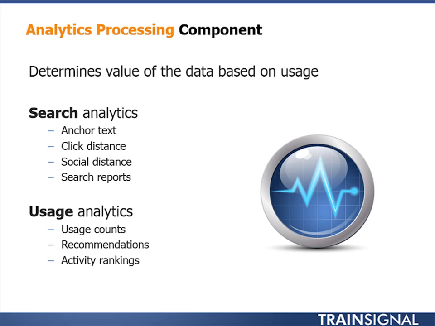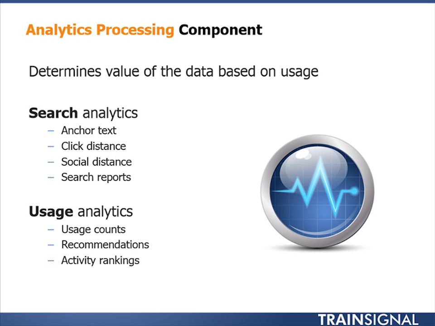It's also going to utilize click distance. So how close is one item compared to another item or compared to where I currently am? It's also going to do things like depth, so that the deeper that an item is inside of a folder structure, chances are the less important that it is. The higher up that it is, chances are the more important that it is. So it can help reorganize our search results based on that information.